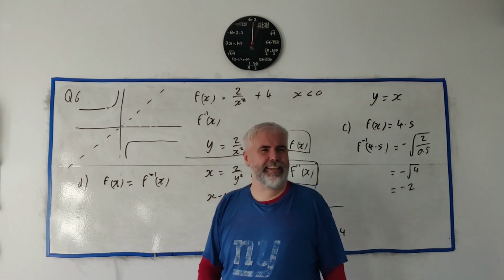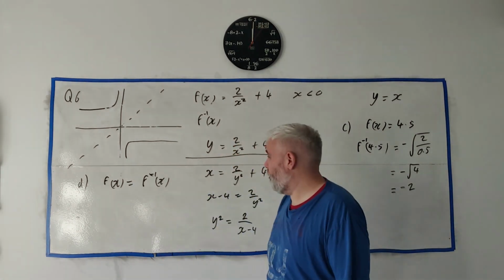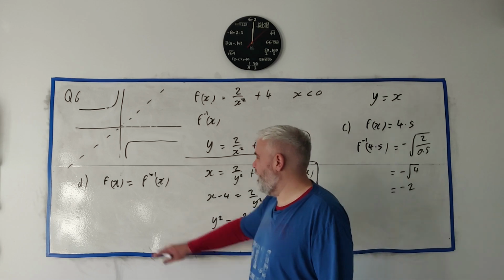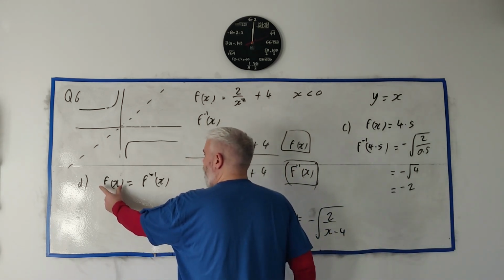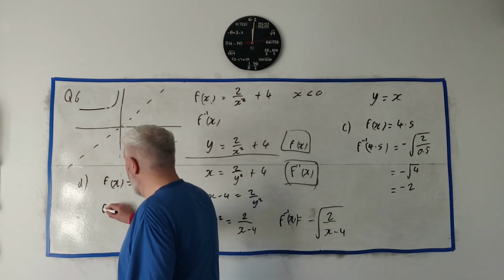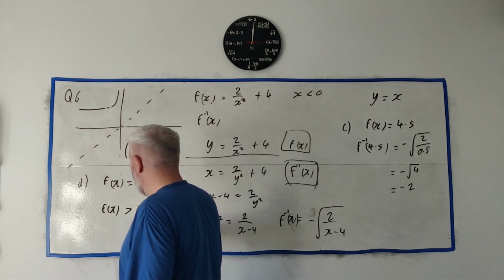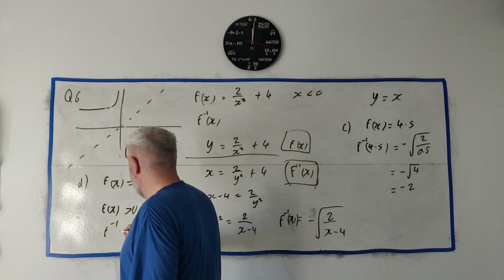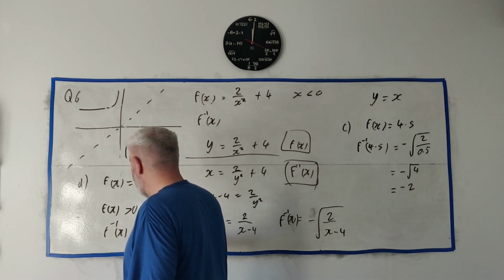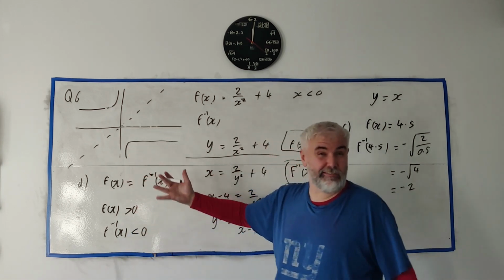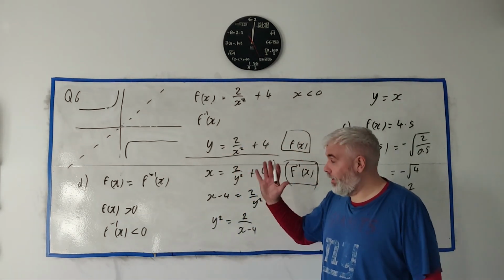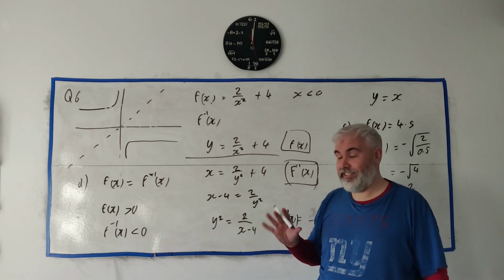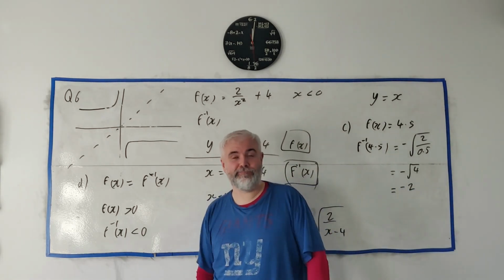Another reason they say, which I don't think is that good of an answer, they say f(x) is always positive. Yeah, f(x) is always greater than 0, and the inverse of x is always less than 0. So they can never be equal. I guess that's an okay way to say it as well. Anyway, either of those things will get you full marks. It's only 1 mark as well.